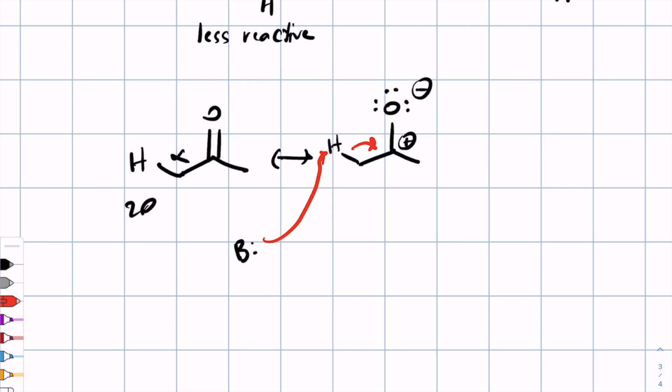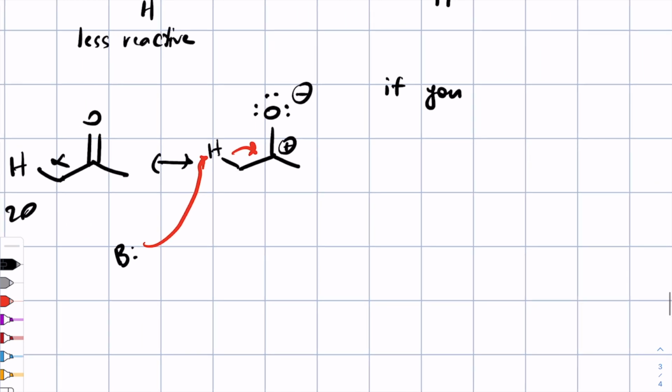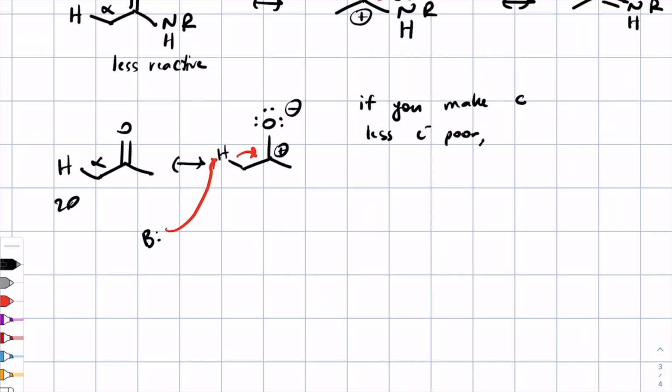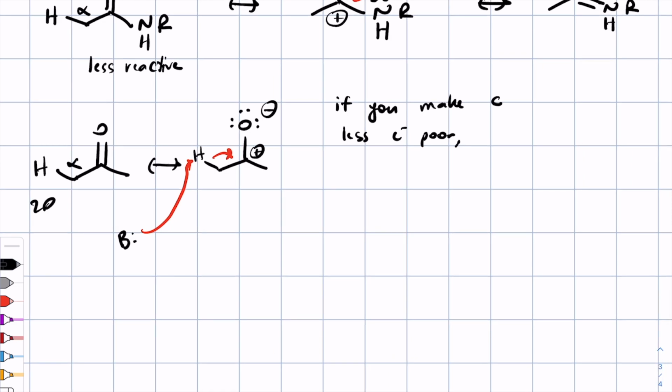To the extent that you make the carbonyl carbon less electron poor, then that elimination reaction or deprotonation reaction gets less favorable. The alpha proton gets less acidic.